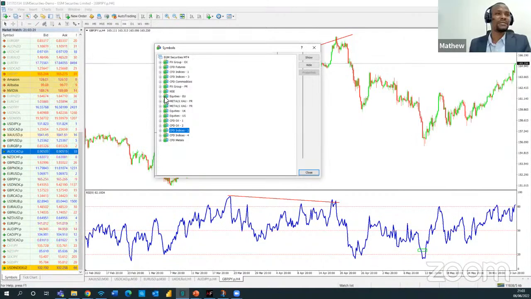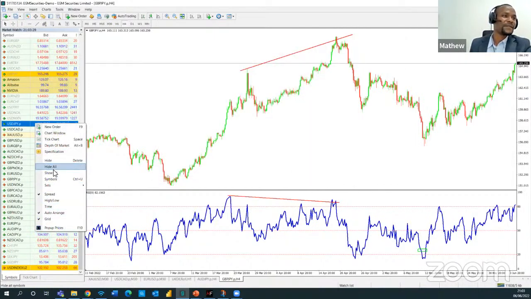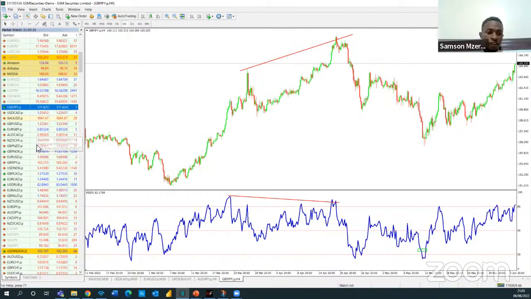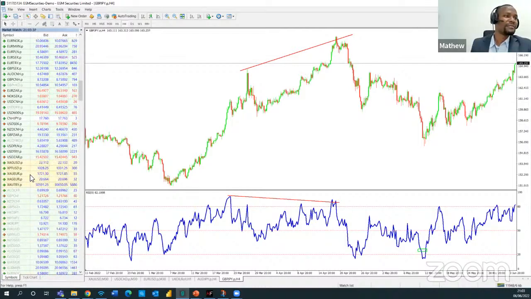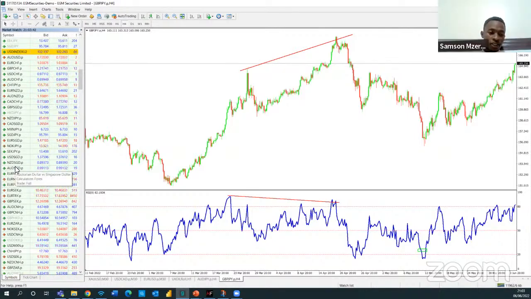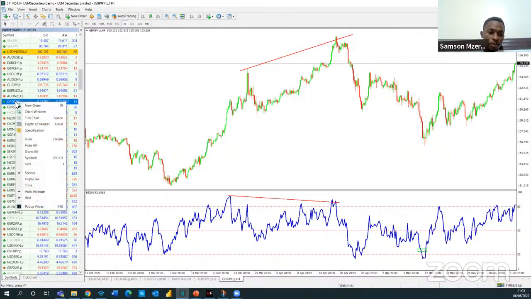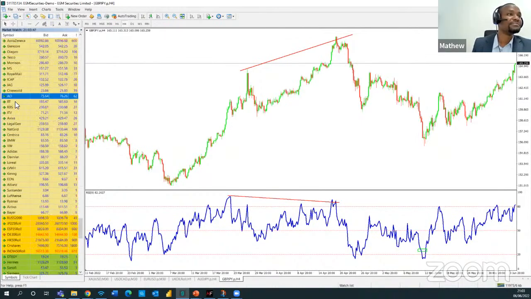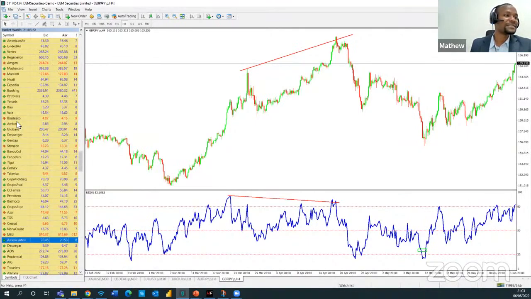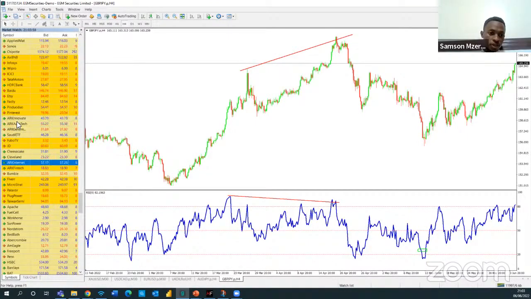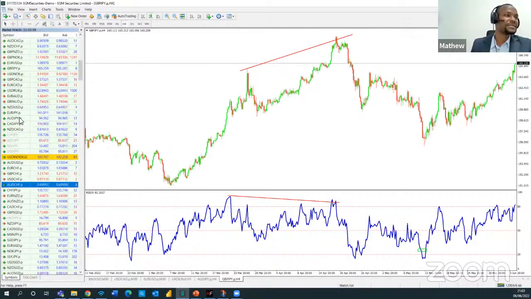Okay, let's show all then. Yeah, then just press A until you find it. So select any and then just press A. It's moving quite fast. It's too fast for me.